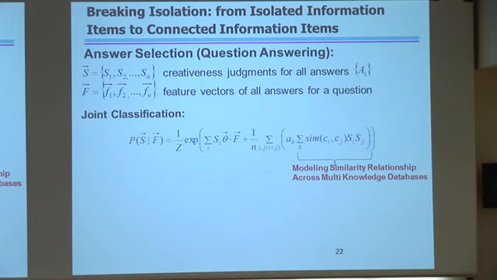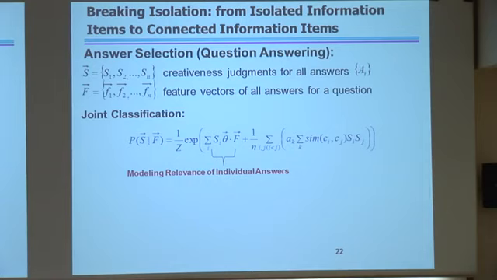Another type of relationship is whether they are synonyms or related with each other in WordNet or other types of dictionaries. And we learn this model in a joint way, in a unified framework. So we believe this is a better approach than ignoring the second part and only modeling the first part.